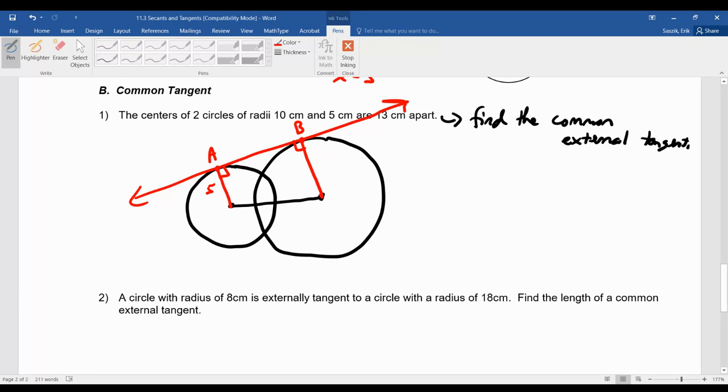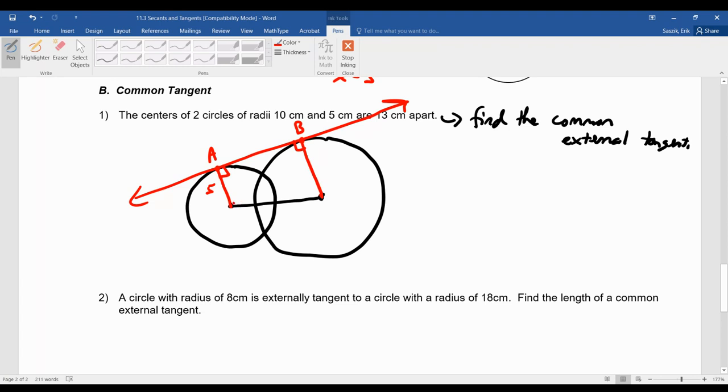This next part's the magical part, okay? So we drew our 2 circles, we drew in the common external tangent. You're always going to draw in these radii to the point of tangency. Now in a common external tangent problem, the next step is key. You are going to take your pen and put it on the center of the small circle. Repeat after me, center of the small circle.